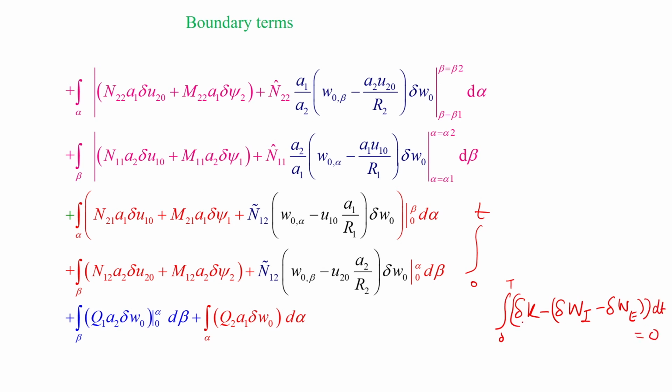So, we have identified the contribution of kinetic energy and the contribution due to the internal energy, and put it in a simplified form arranged in del u, del w, del psi 1, del psi 2 coefficients. Now, we have to evaluate the external work done.